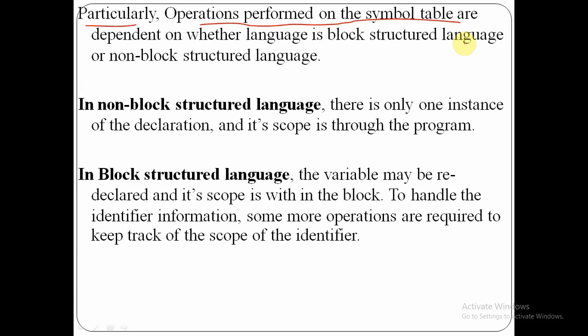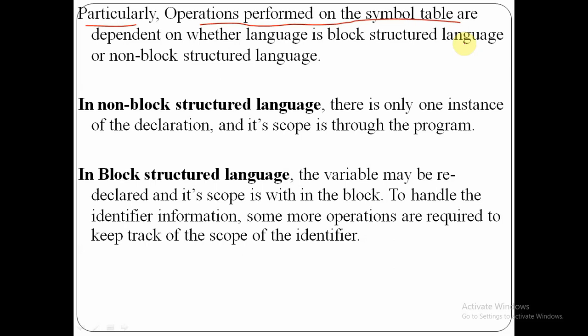All the statements are written sequentially without any blocks. Some older languages like assembly language do not support block definition. Instead, program statements are written sequentially one after another. These languages are called non-block structured languages.